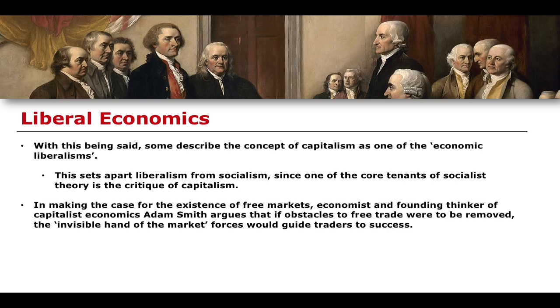And the idea here is that there are various different principles and different laws of market economics. So things like supply and demand, things like the influence of price and price elasticity.